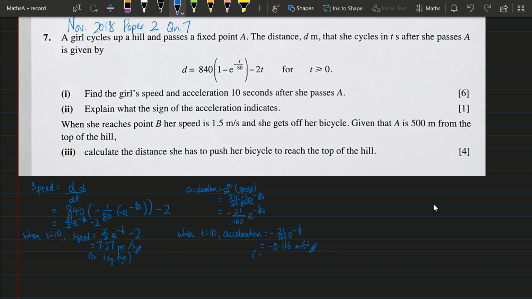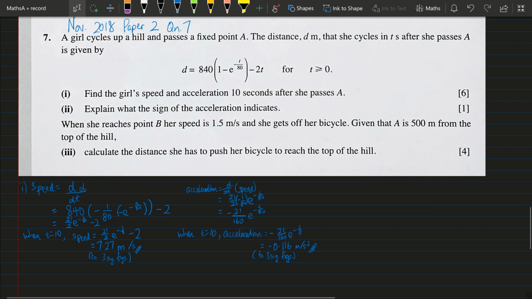Again, that answer was to 3 significant figures. Okay, so that wasn't too hard. Part 1, you've just gotten 6 marks just for doing a very simple exponential differentiation and substituting in the number.